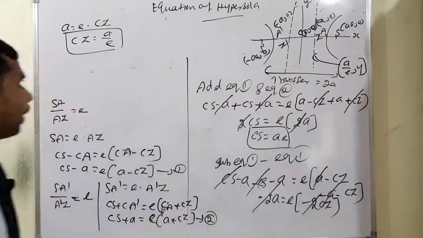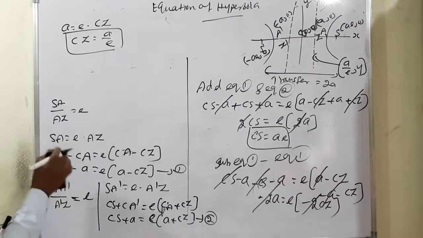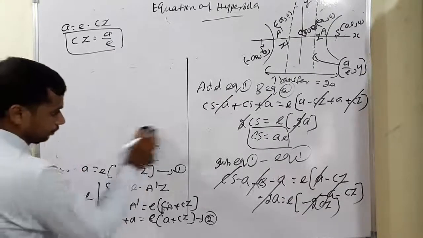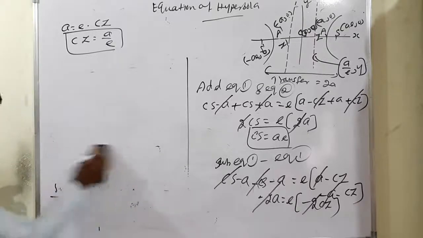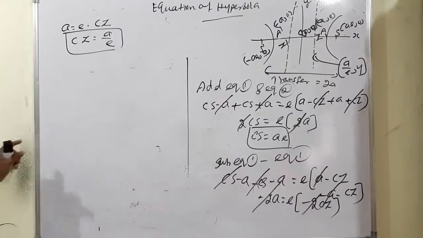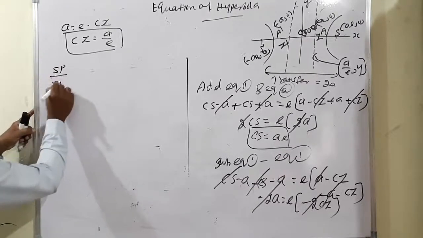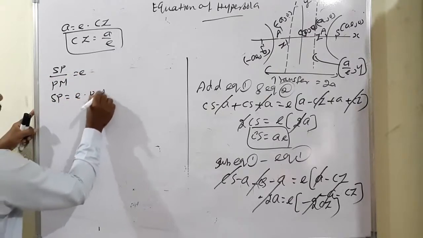Now I am moving to find the general equation. What is the main condition? SP divided by PM is equal to E, so SP is equal to E into PM.